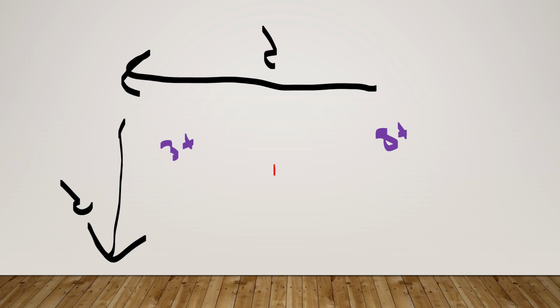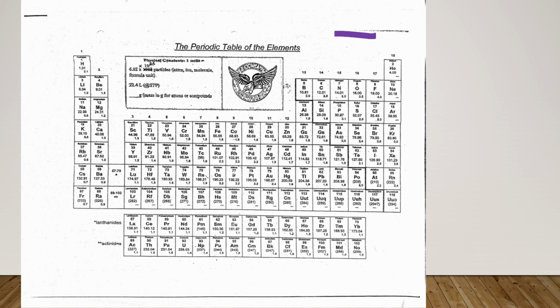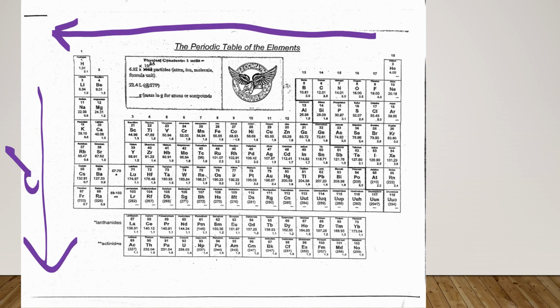So this is going to have a higher electronegativity. This one over here is going to have a low electronegativity because it has fewer protons to attract that negative electron. So with electronegativity, just like with ionization energy, our trend is decrease, decrease.